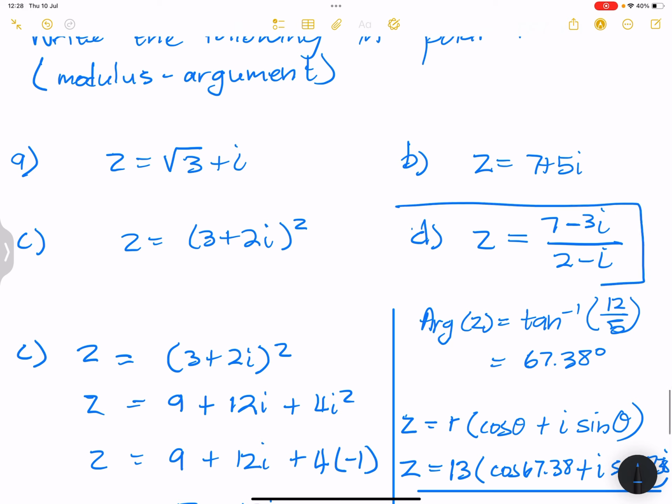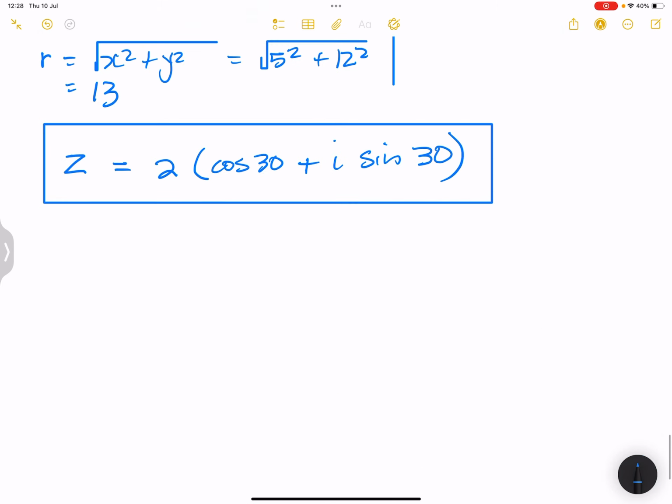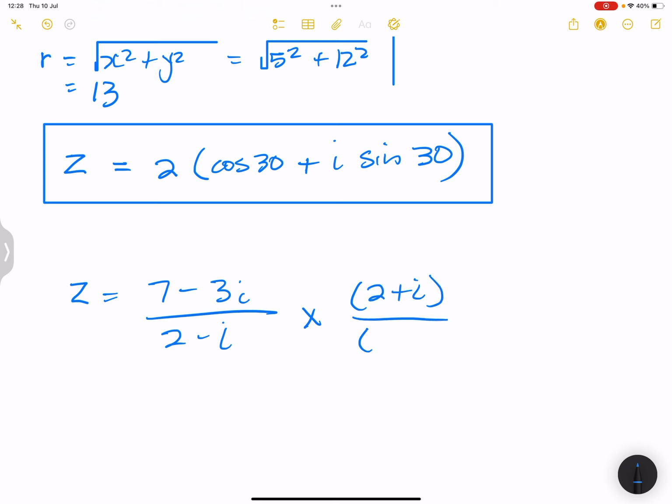Right, so I'm going to have to have a little bit of space. 7 minus 3i divided by 2 minus i. But remember, what do we do? We're going to multiply by its conjugate, that's 2 plus i divided by 2 plus i.